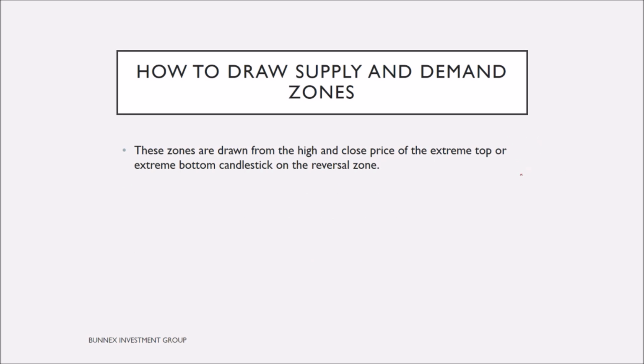So these zones are drawn from the high and close price of the extreme top or extreme bottom candle on the reversal zone. What do we mean? We have candlesticks that are going bullish. Let's say the first candlestick, the second candlestick, the third candlestick, and then the last candlestick in this bullish move, right?